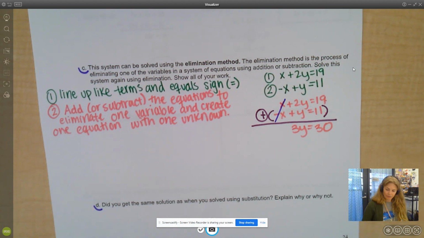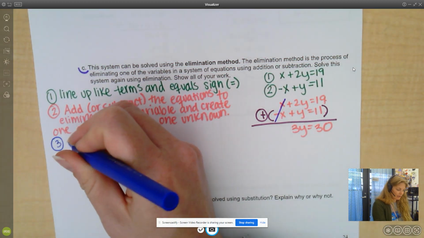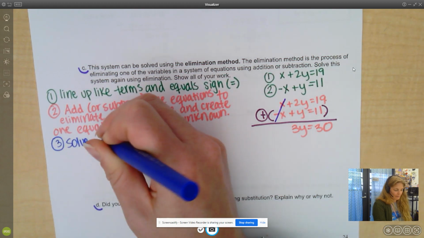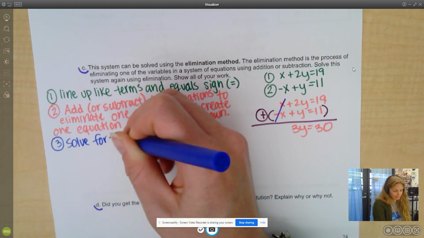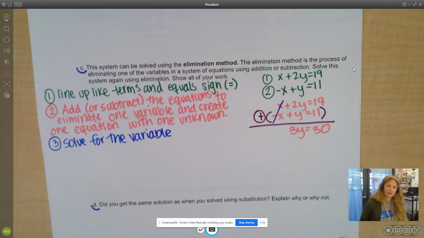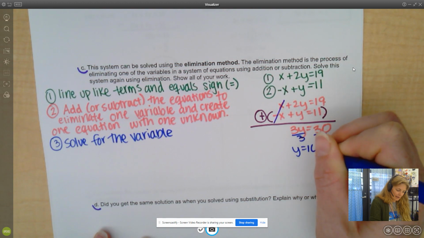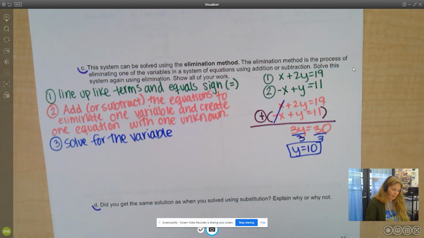Okay, so step 3 is you're just going to solve for the variable. To get y by itself, I'm going to divide both sides by 3 to get y is equal to 10, which is part of our answer.